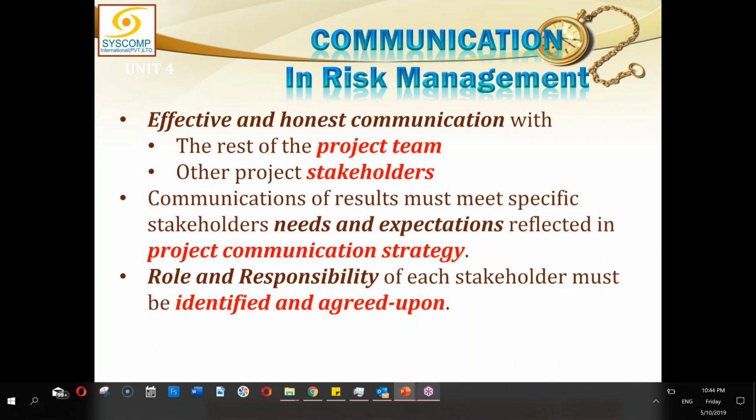So we try to be, you know, very secretive about it. We hide the things, and the requirement is that communication should be open, honest, and transparent. Communications of results must meet specific stakeholder needs and expectations reflected in the project communication strategy. Roles and responsibility of each stakeholder must be identified and agreed upon.